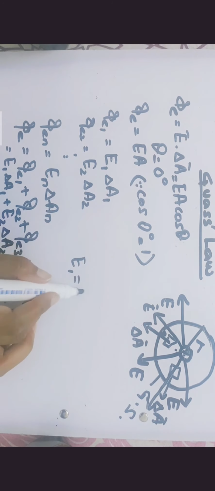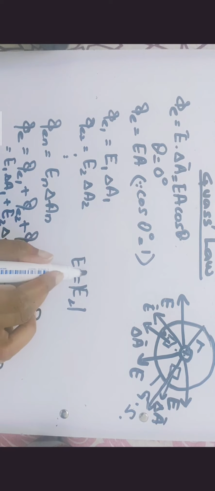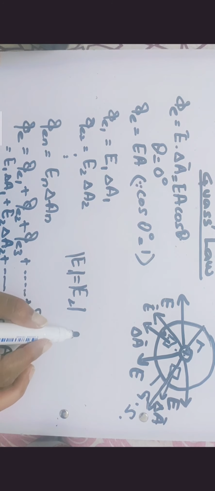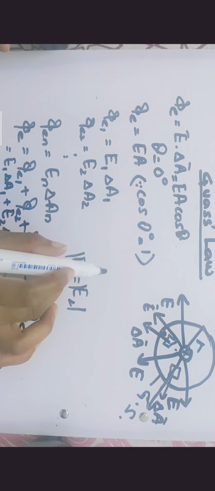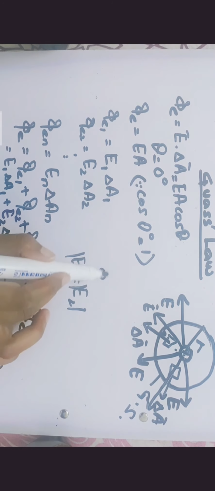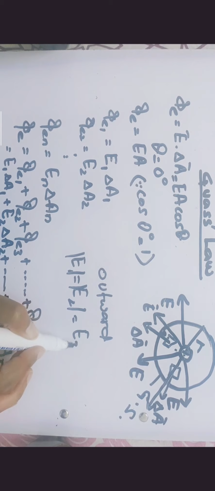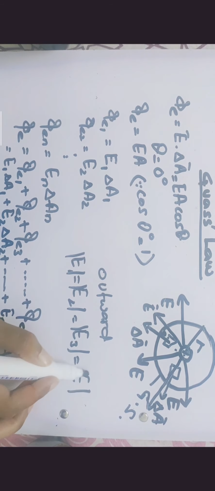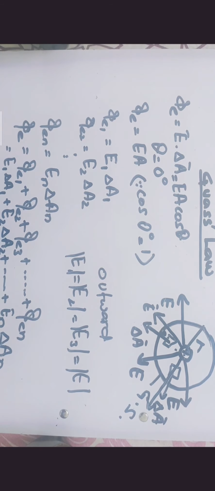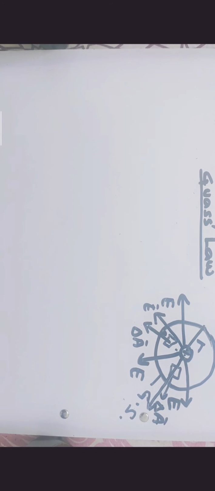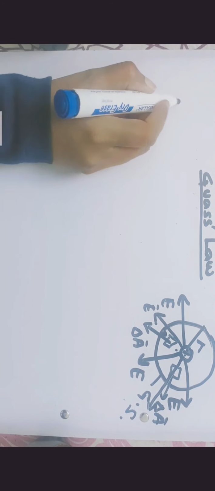In this particular case, we see that the magnitude of E is the same throughout the surface, because the charge Q is the same, and all the lines are emerging out from the same charge. And what about the direction? The direction of all the field lines would be outward.